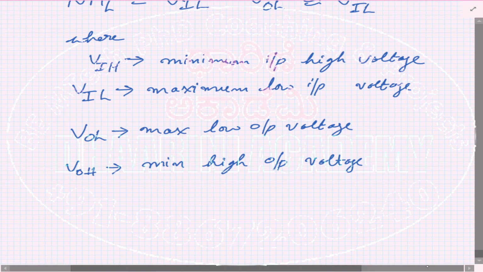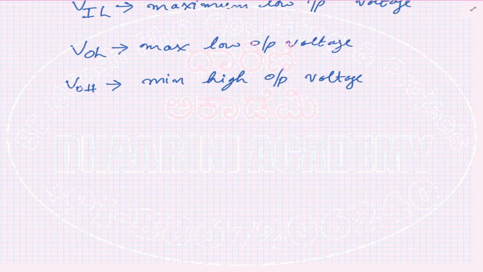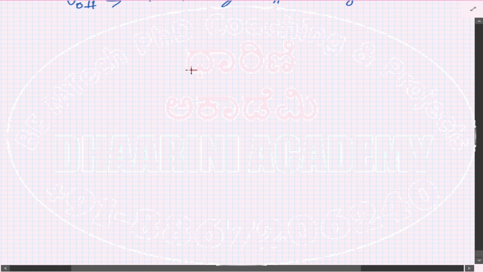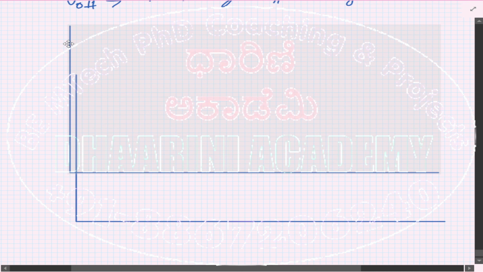Now let's try to define the noise margin in terms of the range, the complete range of inputs we have to show here if at all some question is asked. All right, so let me use a graph in this fashion.